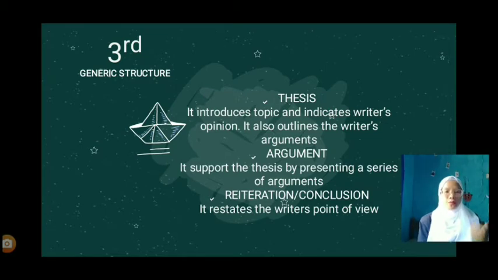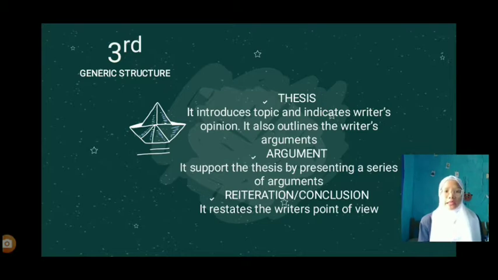For example, why do we have to ban smoking? First, it's about health. The second, it's about the economy, and the third is and so on. So, the argument sequence, first, second, and third, supports the thesis.